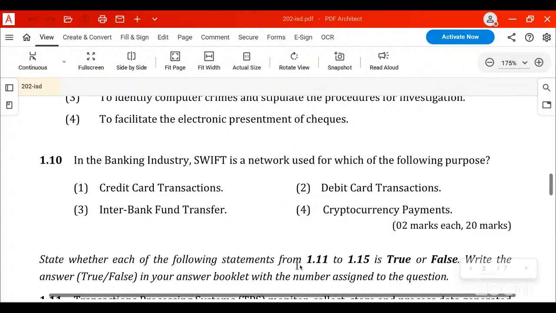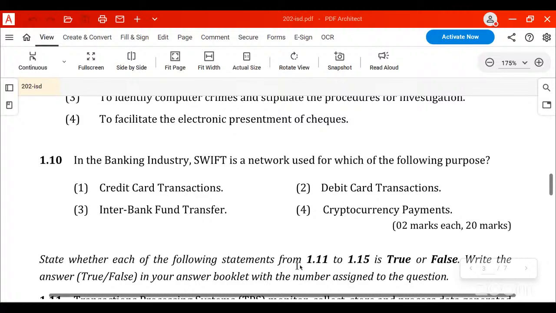1.10, the last section in the MCQ. In the banking industry, SWIFT is a network used for which of the following purposes?